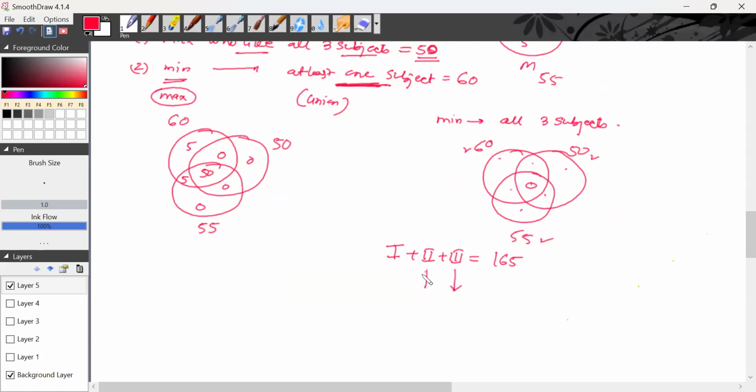So can I say we have to maximize these, ensuring that this condition is valid. What could be the maximum value of 1? Can I say it is 100? And I can always take this to be equal to 65 and this to be 0. Can I say this kind of distribution can be done? We can do such kind of distribution.